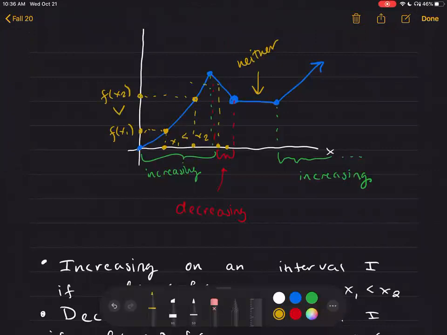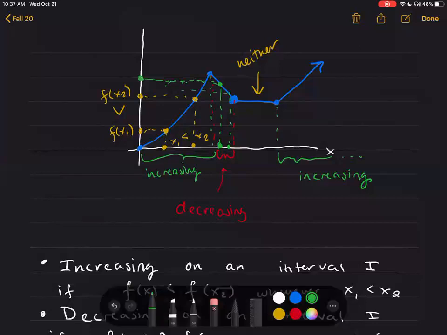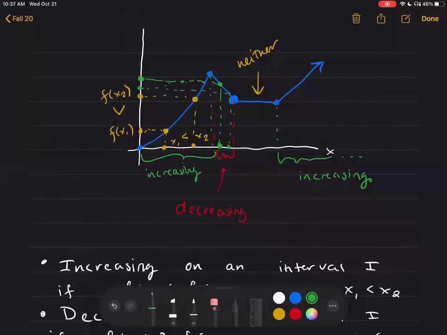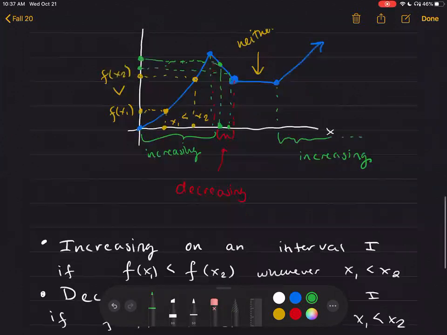Actually, let's not do yellow. It can get confusing. Let's do green again. So if we do this x1 here, this x2 here, there's one of them, and there's the other. And you'll see they flip places, and that's because it's a decreasing section.